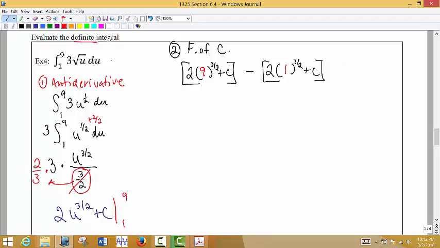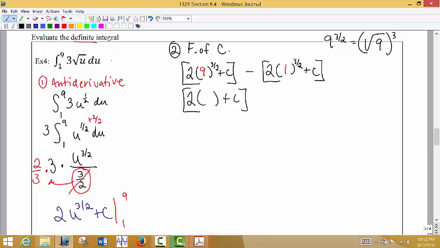Remember that when we evaluate something to the 3/2 power, that's the same thing as taking the square root and then cubing it. So let's take the square root of 9 and cube it. 9 to the 3/2 power is the same thing as the square root of 9 raised to the power of 3. So that's what we're going to be thinking about as we go through. Let's figure out what that is.